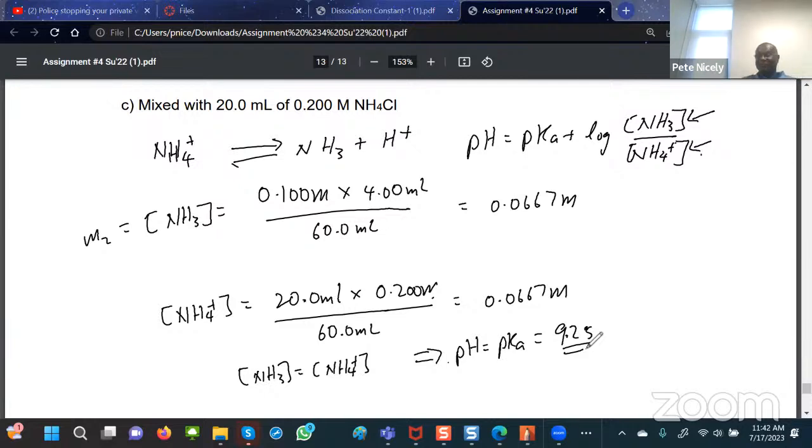Okay, so that basically represents the end of assignment number 4. Again, I expect this to be completed by hand and submitted to me via Canvas. Make sure that it's written up neatly, that it's submitted as a PDF document, and that you write your name at the very top of each page.